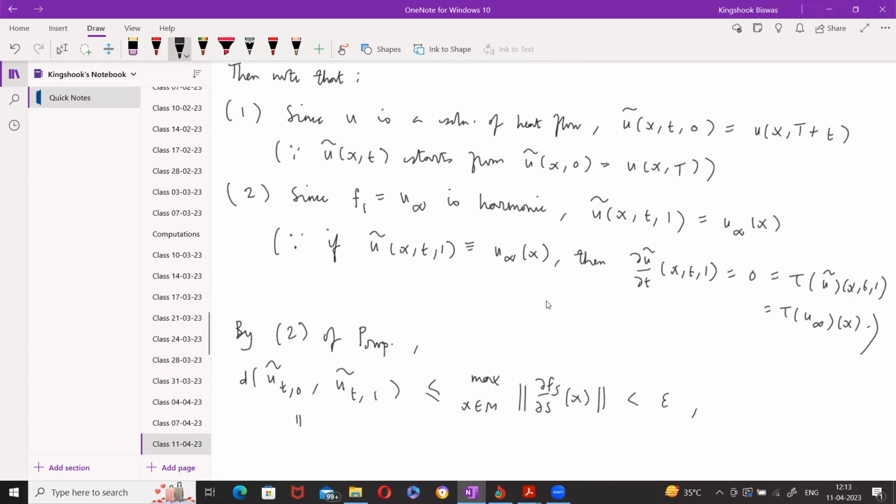And u tilde t_0 is nothing but u sub capital T plus t, and u tilde t_1 is nothing but u infinity. Okay.